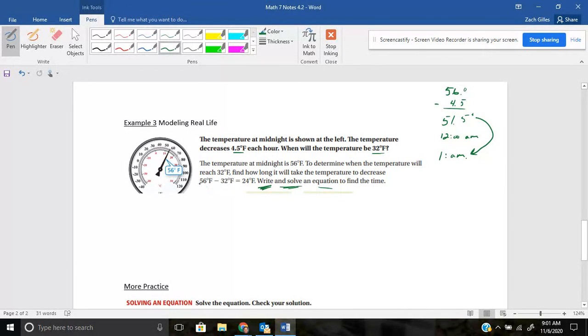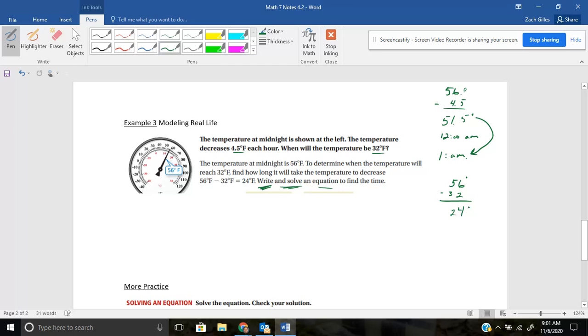Well, if I have 56 as my starting and I know that it ends at 32, how much did I decrease in temperature? Well, if I take 56 degrees, which is what I start out at, and I subtract where I finish at 32, I'll find my change.